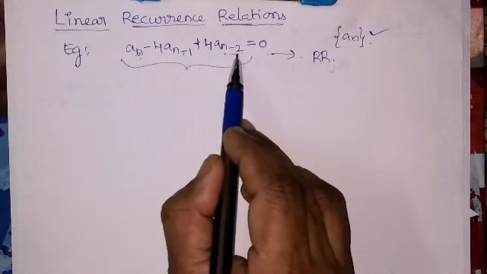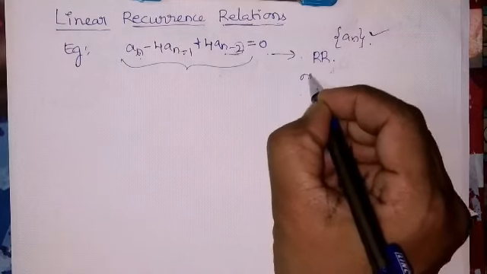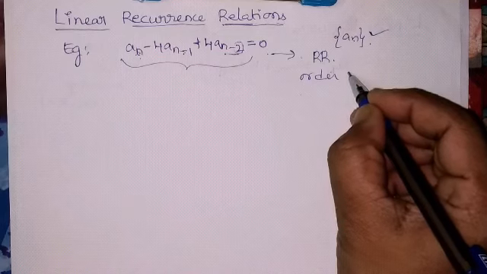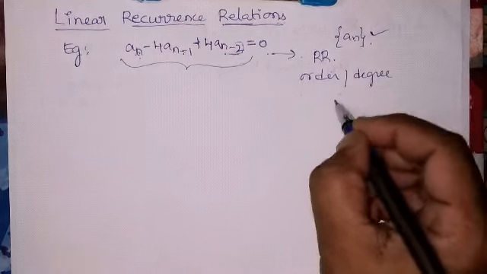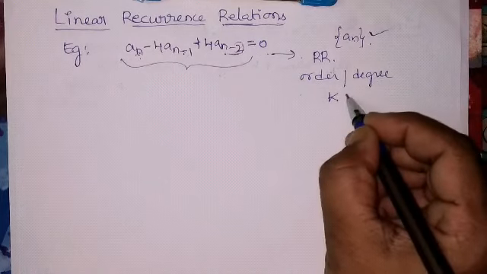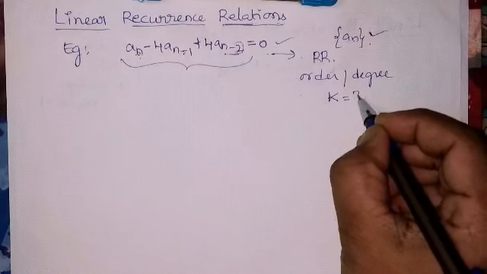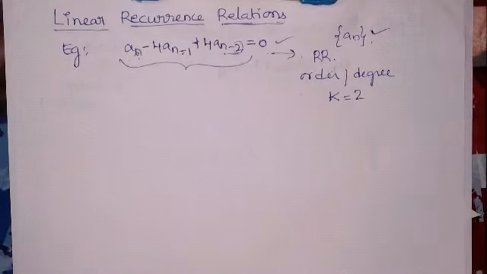In the suffix n minus 2, this value 2 is called the order of the recurrence relation, also called the degree, denoted by k. For this example, the order is 2. So I hope you understand the degree and what a recurrence relation is.